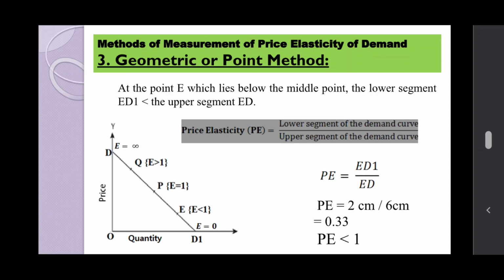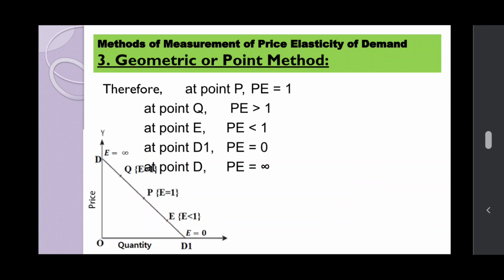Dear students, we may summarize that at point P, price elasticity is equal to 1. At point Q, price elasticity is greater than 1. At point E, price elasticity is less than 1. At point D1, the price elasticity is 0, and at point D, price elasticity is infinite.